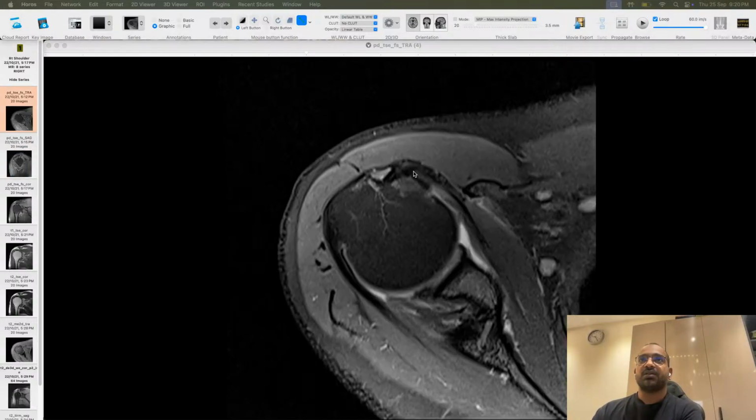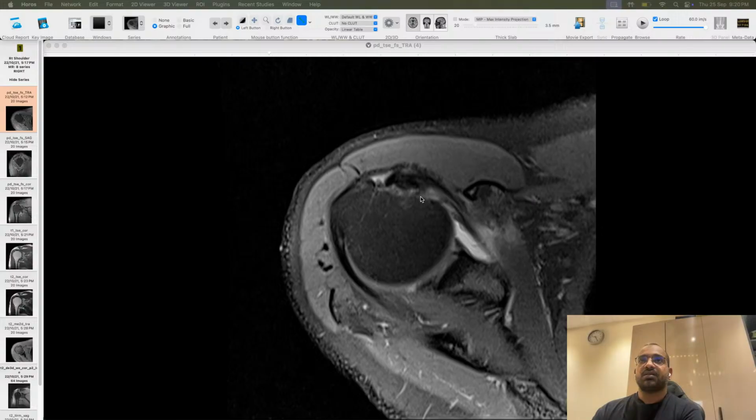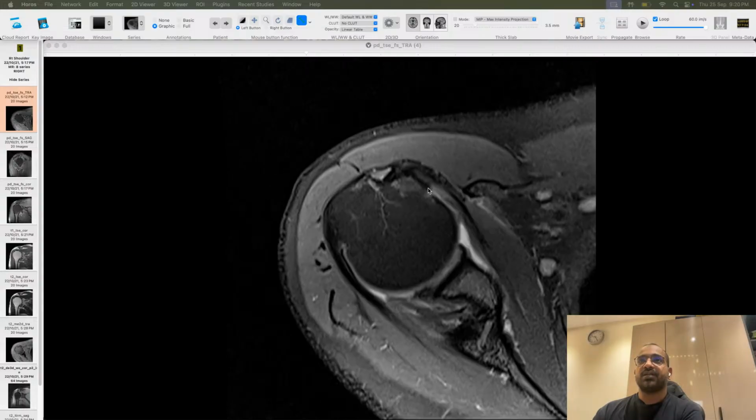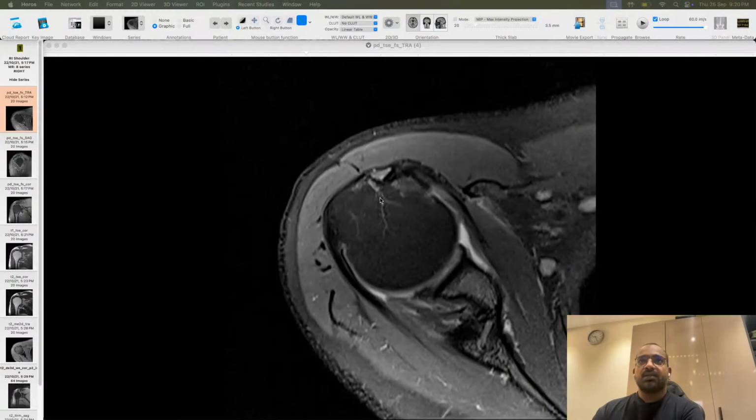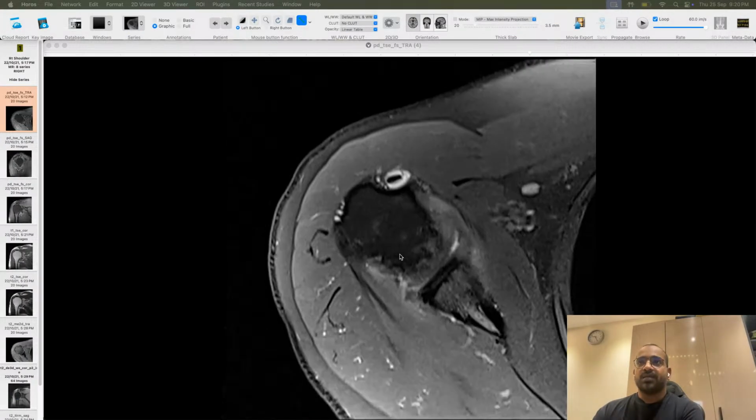Here there is hyperintense subcortical edema, and this is the subscapularis tendon, which is also showing increased signal intensity on PDFS images. So there is an avulsion with no obvious displacement of the lesser tuberosity of humerus. So these are all the things I have noted in this case.